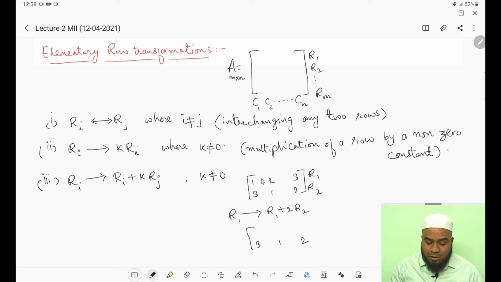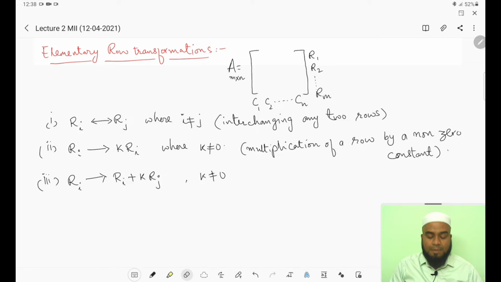For the first row, R1 plus 2 into R2, I multiply the second row R2 with 2, then add this to the first row. So 3 2s are 6 plus 1 is 7, then 2 plus 2 is 4, 4 plus 3 is 7, right? This is the third elementary operation we can perform. So these elementary operations we will be using in solving problems. So these are the elementary row operations.